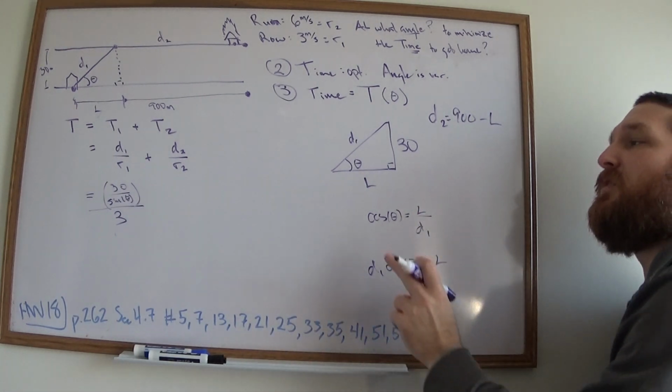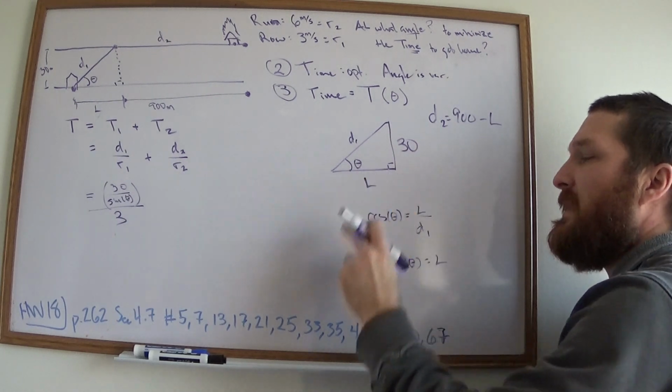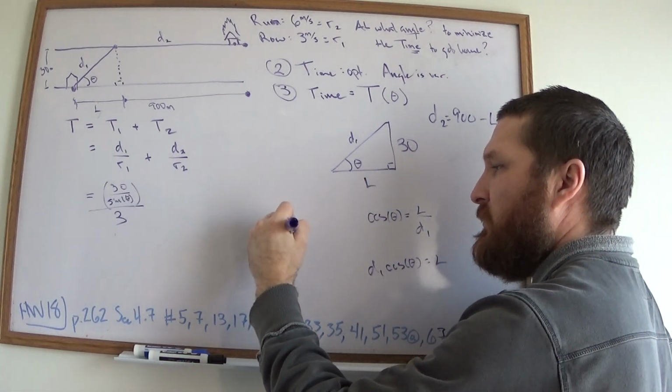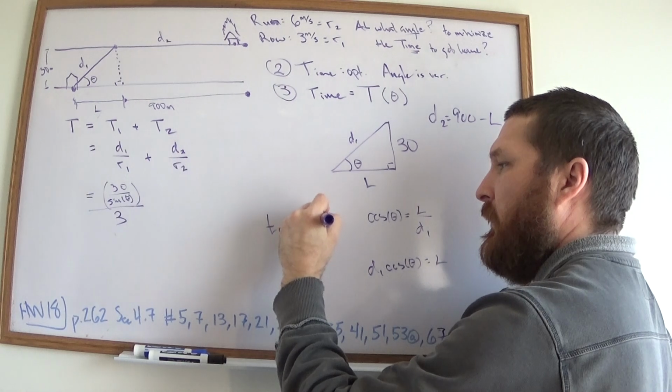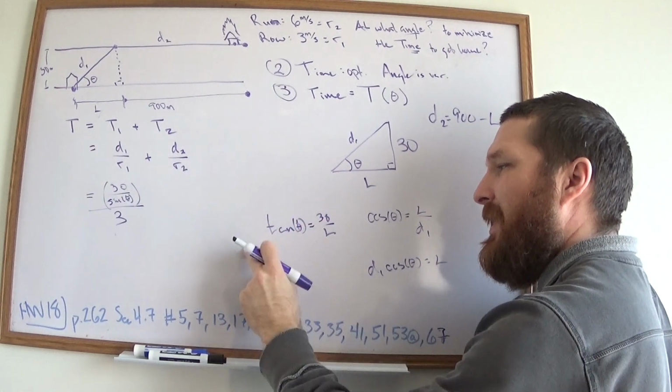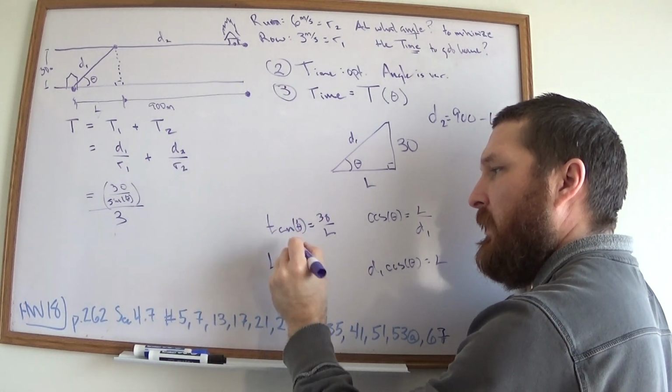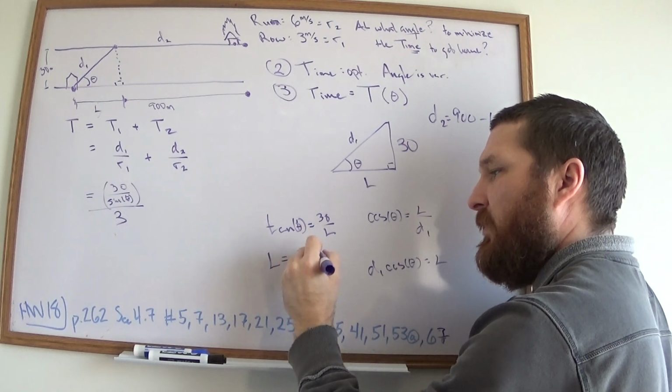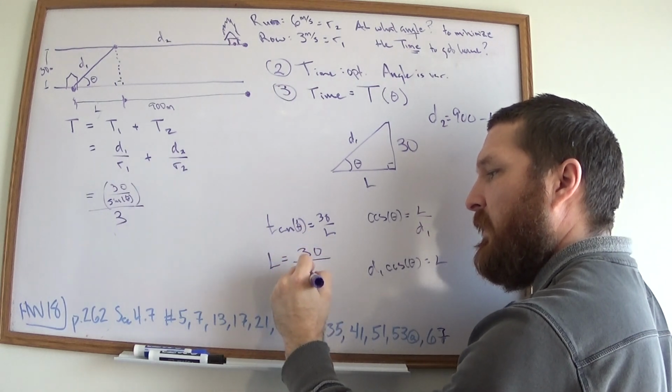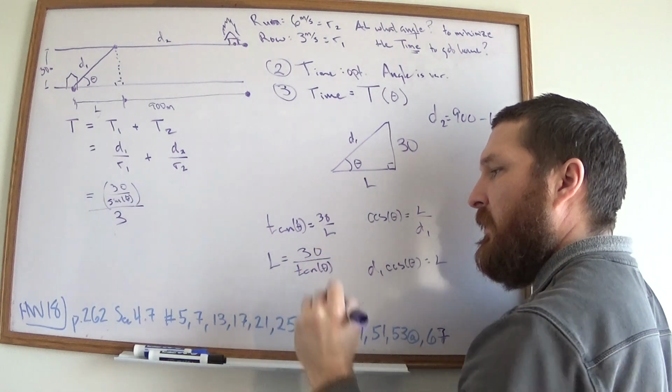But anyway, let's do it your way. You said tan theta is what? 30 over L, so that L is 30 over tan theta.